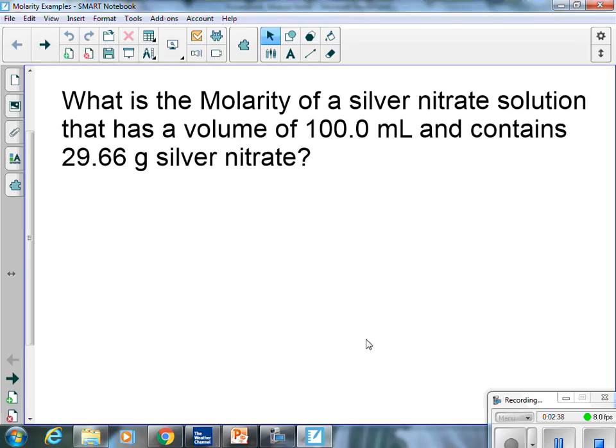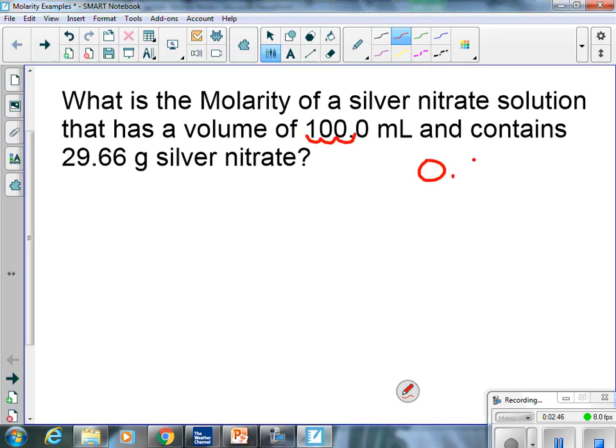I can get liters easy enough by simply jumping my decimal point. So my liters is going to be 0.1000 liters. Now I need to get moles. Well, if I've got grams, I can do a nice little flux capacitor conversion if I have the molar mass.